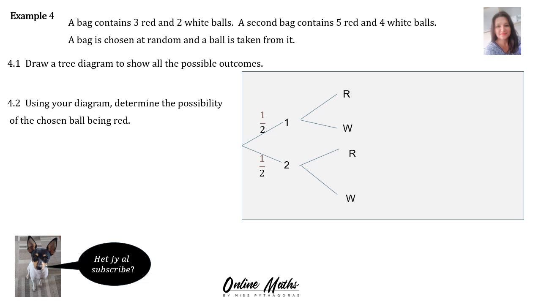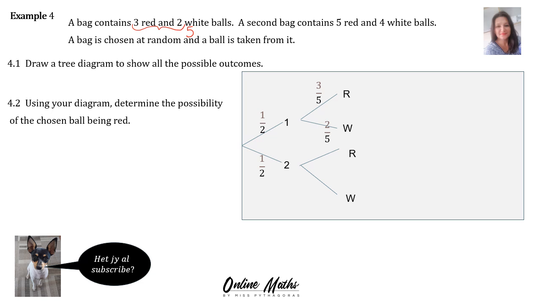Then on the bags now, let's look at that. So a bag contains 3 red and 2 white balls. In other words, there's a total of 5 balls. So therefore, in bag 1, you have a chance of 3 out of 5 picking a red ball, and then a chance of 2 out of 5 choosing a white ball.